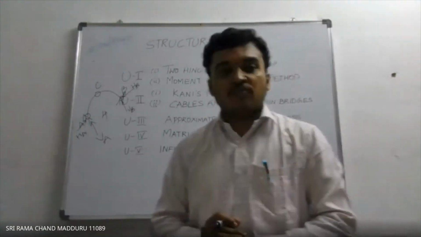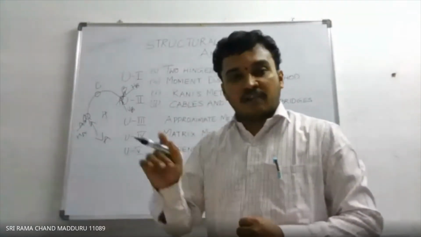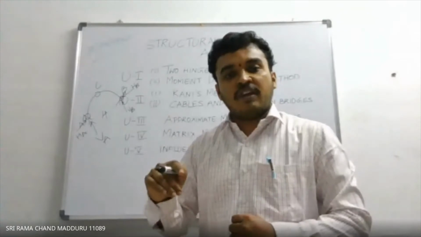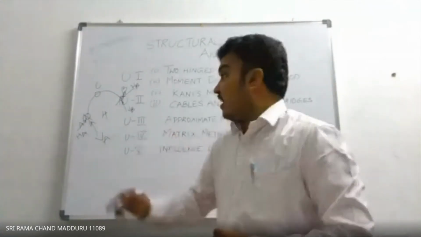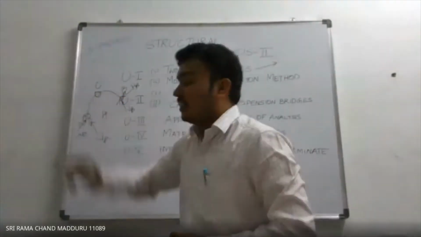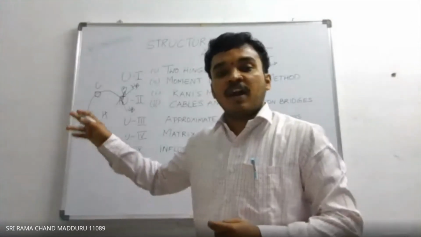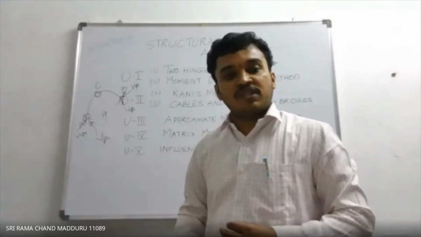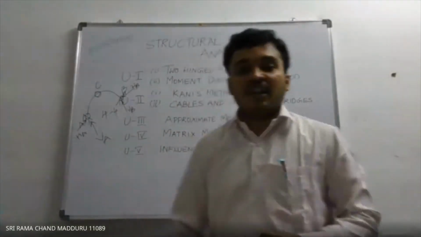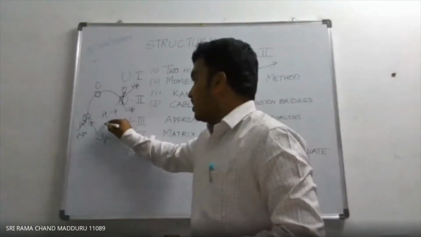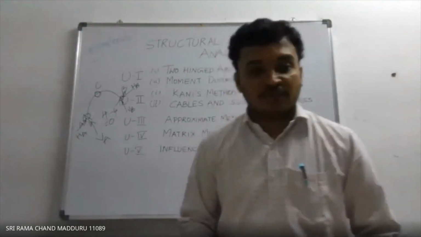For a plane structure, we have 3 equations of equilibrium, that is sigma Fx is equal to 0, sigma Fy is equal to 0, sigma M about any point is equal to 0, and an additional equation, that is a compatibility equation, sigma moment at C is equal to 0. So there are 4 equations available. 4 minus 4 is equal to 0.